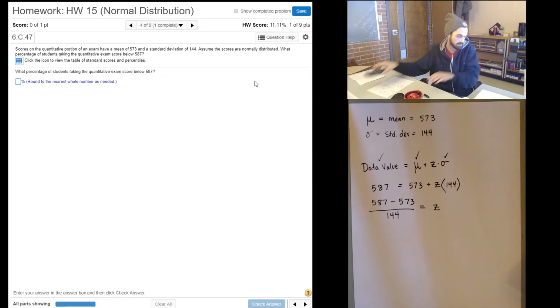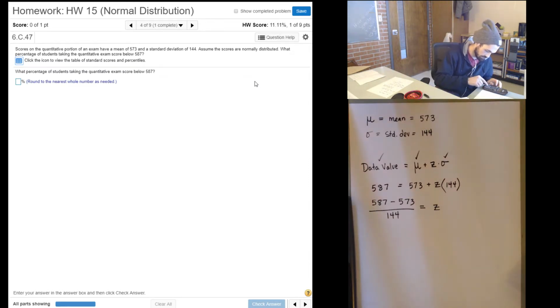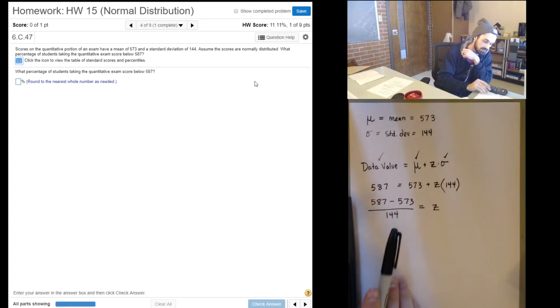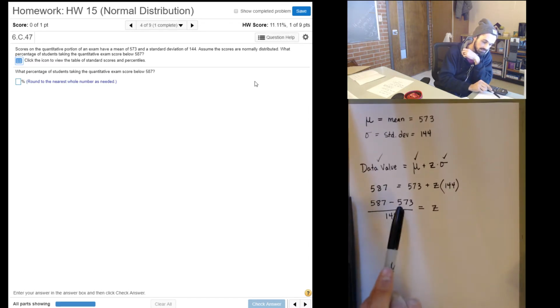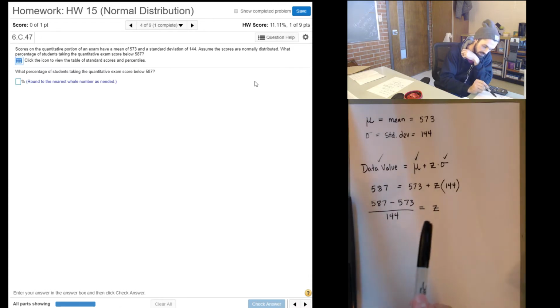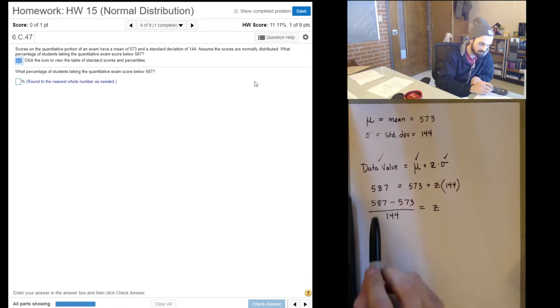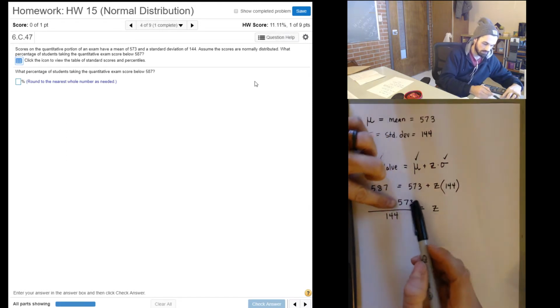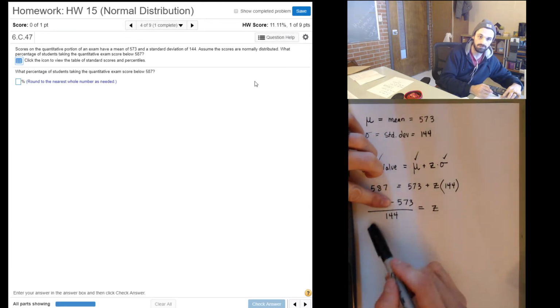So let's compute this z-score, 587 minus 573, enter, and then divide by 144. With most calculators, I'm anticipating students trying to do this: if you type in 587 minus 573, then divide 144, it's going to think you want to take 587 and subtract off 573 divided by 144.